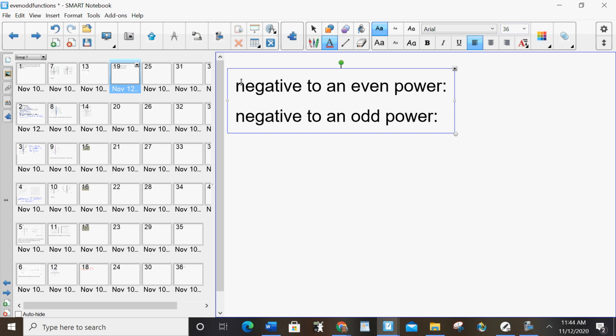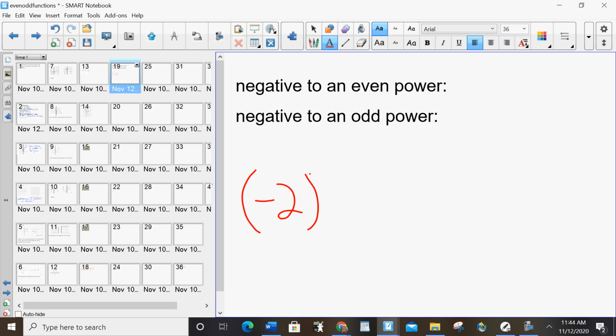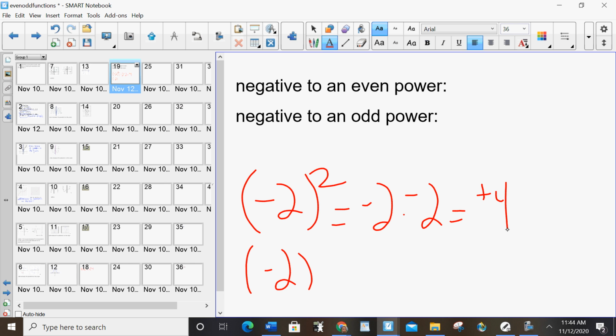If I raise a negative number to an even power, think of it like negative 2 squared. Is the result positive or negative? The result would be positive because negative 2 times negative 2 is positive 4.